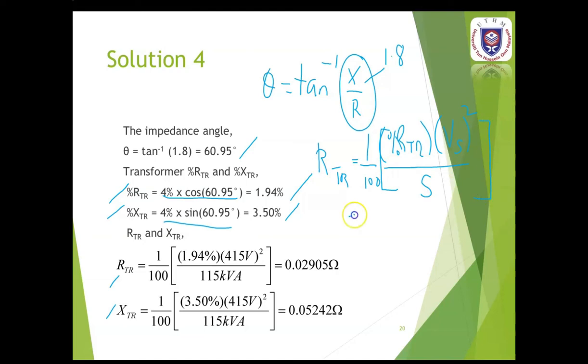So you get the value for RTR. For XTR, you just substitute the percentage of the reactance of the transformer. The rest is almost the same. Then you get the value for the reactance, and 0.02905 ohm for the resistance.